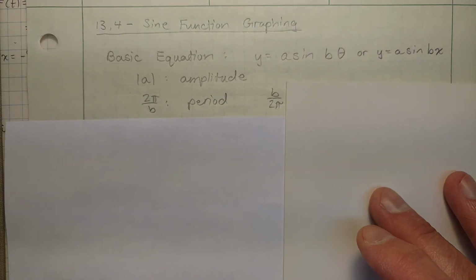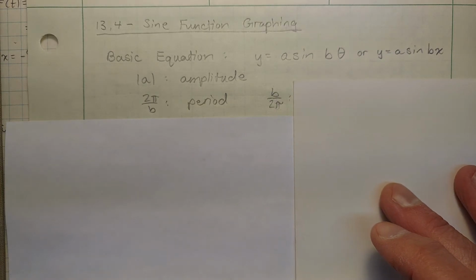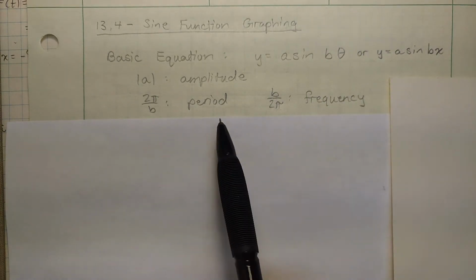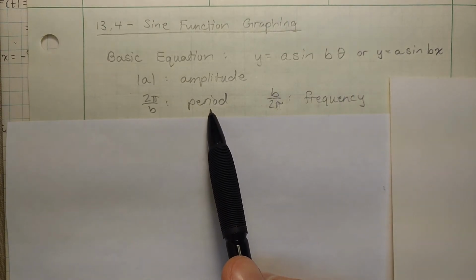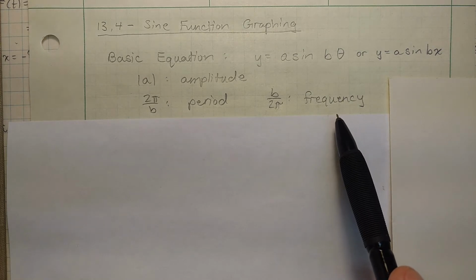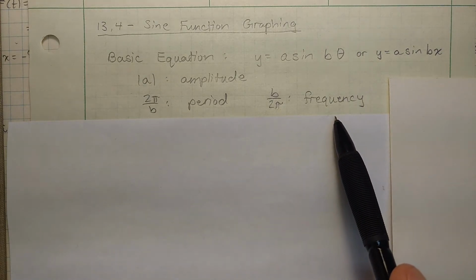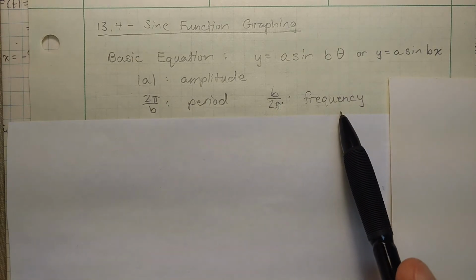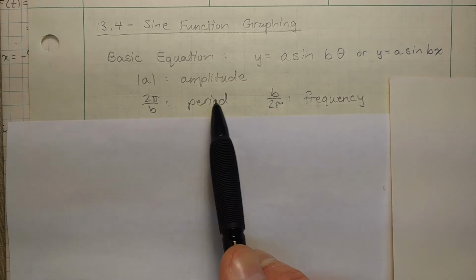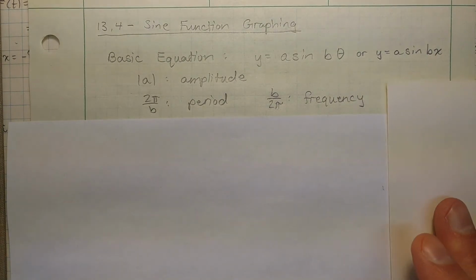Related to that is this reciprocal, which we call b over 2 pi, which we call the frequency. And the key thing here, the period is how long it takes to make a complete cycle. Its reciprocal, frequency, is how frequently it makes a complete cycle. So in other words, it's how many cycles does it make in a given amount of time. This is how long per cycle. This is cycles per length per 2 pi is the idea of what's happening here.